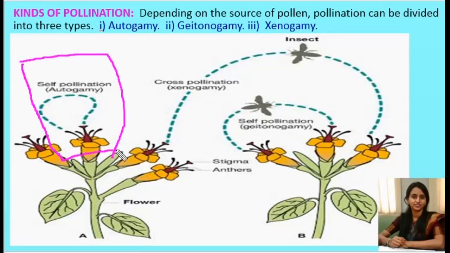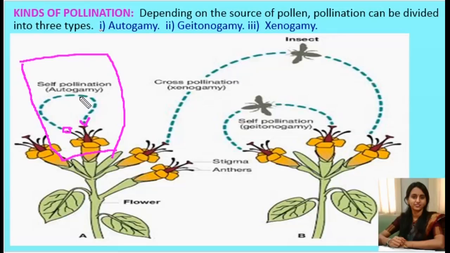Okay, and these are the stamens, and this is the stigma. So in autogamy, the transfer of pollen grains takes place from the anther to the stigma of the same flower. Hence, autogamy is also known as self-pollination. What is the another name for autogamy? It is self-pollination.